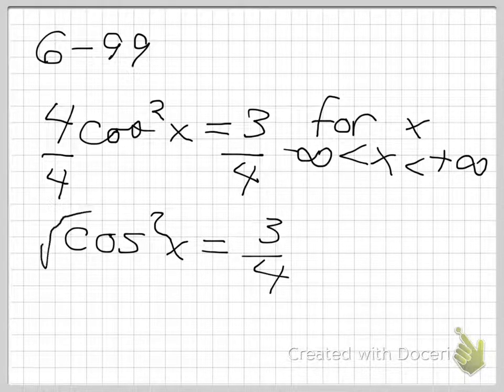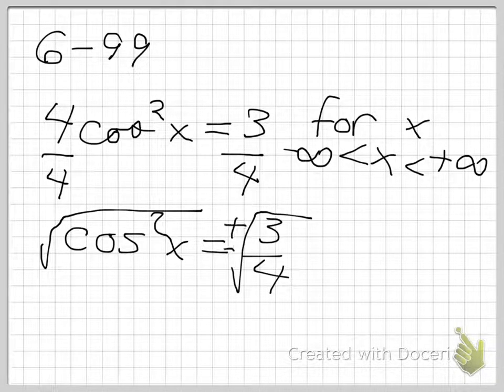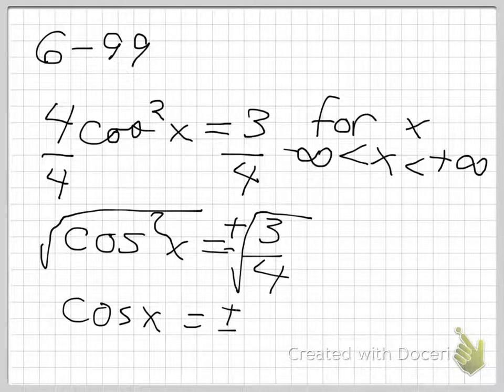So if I square root here, I should also consider plus or minus. That'll give us the cosine of x is plus or minus the square root of 3 over 2.